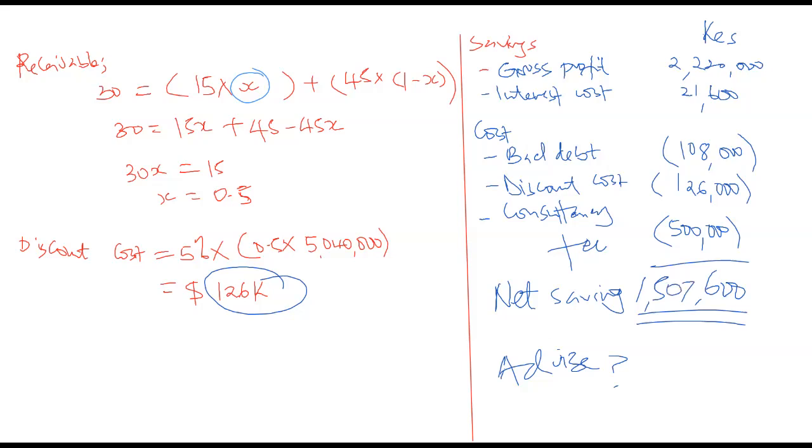So the company introduced this proposal. Of course, yes, the company should implement the proposed changes in the accounts receivable since it yields an annual net saving of 1,507,600 shillings. So it's a good proposal. The company should implement it. Clear?